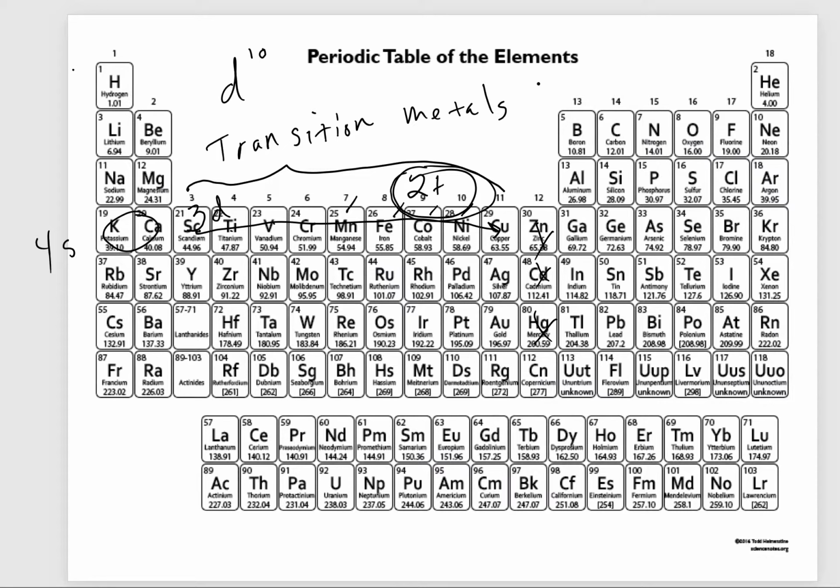Now we should qualify this. One of the characters of the transition metals or transition elements is they can take on a lot of different charges. So iron can be +3, titanium is usually +3, it could be +4, chromium is +3. So there are a lot of different charges that are possible for these elements. But 2+ is very common.